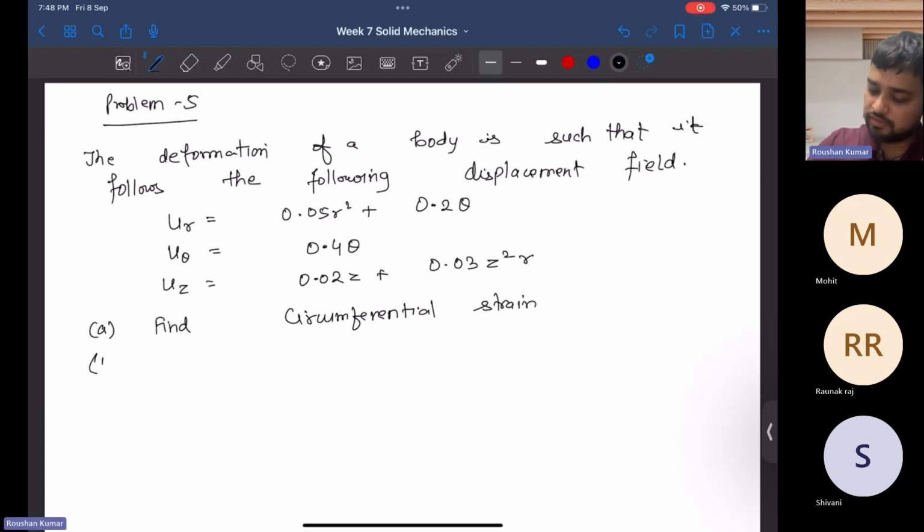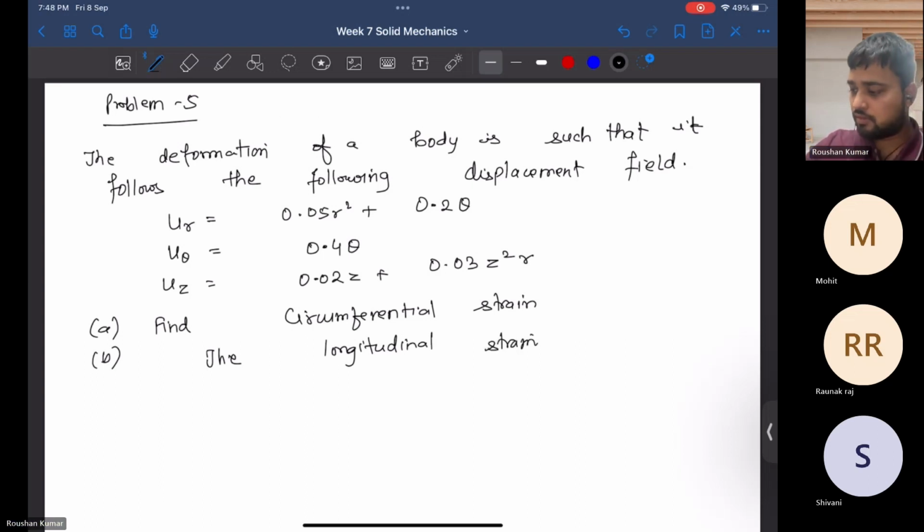The second part of the question is to find the longitudinal strain.